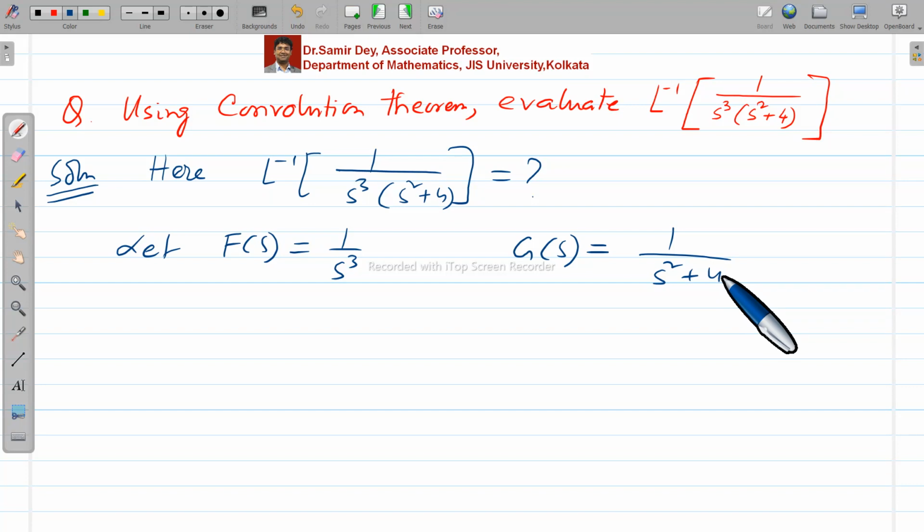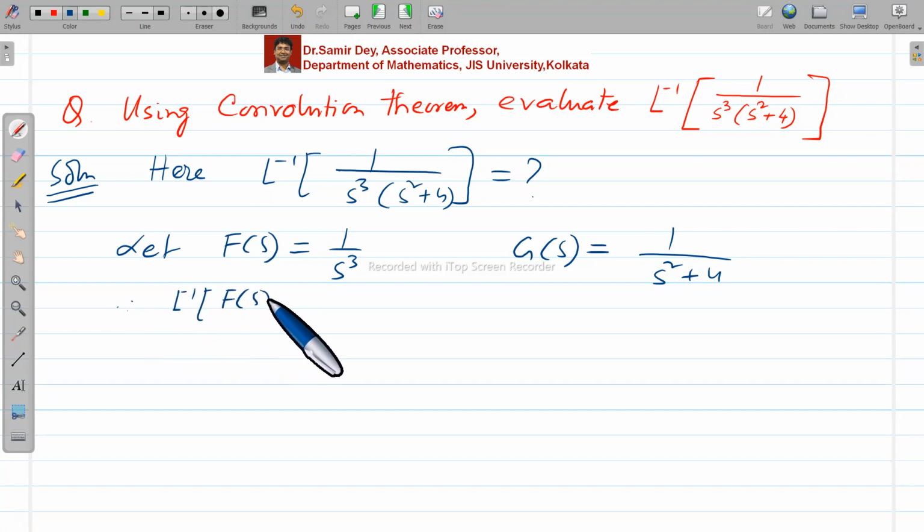Clear? Suppose you have a question in your mind, can I consider the reverse of it? That means Fs equals 1 by s square plus 4 and Gs equals 1 by s cube. Anyone you may consider. There is no restriction. Totally up to you. Now you have to find the inverse of it.